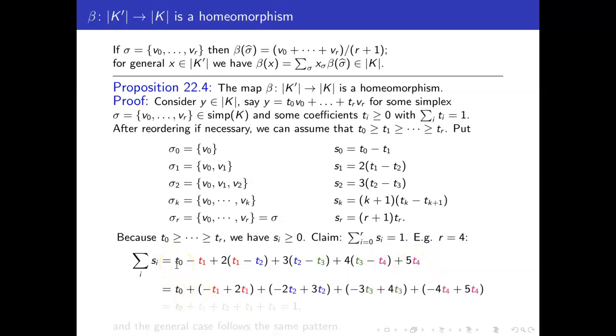You've got a t0 in the beginning, and then plus 2 minus 1 t1, plus 3 minus 2 t2, plus 4 minus 3 t3, plus 5 minus 4 t4. So you just get t0 plus t1 plus t2 plus t3 plus t4. But we know the sum of the ti's is equal to 1 because we started with a point y that was in the geometric realization. So that's just equal to 1. Okay, so that was for the case R equals 4, but it should be very clear that it works in exactly the same way for any R.